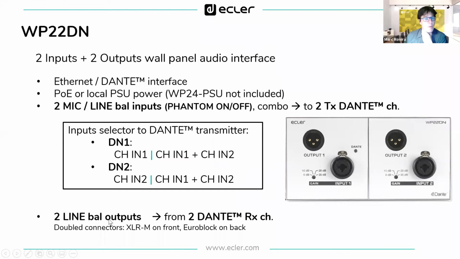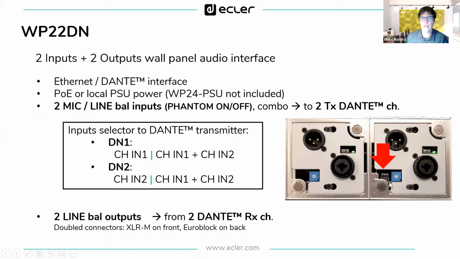Then we have two balanced outputs, XLR, or we have doubled outputs at the back of the unit as a euroblock. Okay, just to show you, we can take off the metal covers from this slide to show you. Here are the switches where to switch these choices, phantom or whatever is sent.